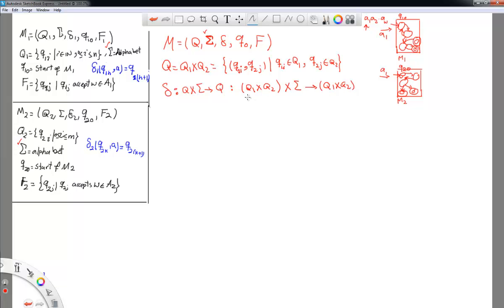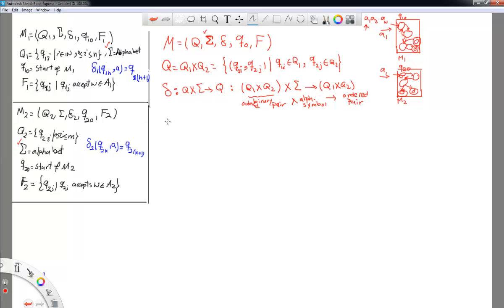What that means is that the input is going to be an ordered pair and an alphabet symbol, and then the result is going to be an ordered pair.